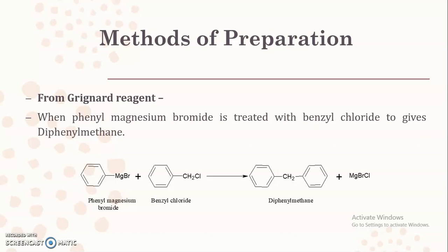Here also the magnesium and bromide combine with the chlorine, which leads to the formation of the byproduct, and further diphenyl methane is formed. That is, the benzyl group will be attached to the phenyl ring of the phenyl magnesium bromide. In this way we can carry out the synthesis of diphenyl methane with the help of the Grignard's reagent.